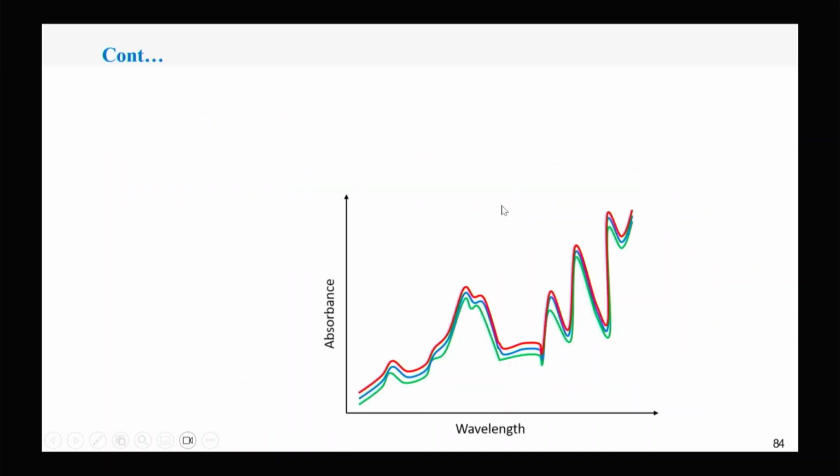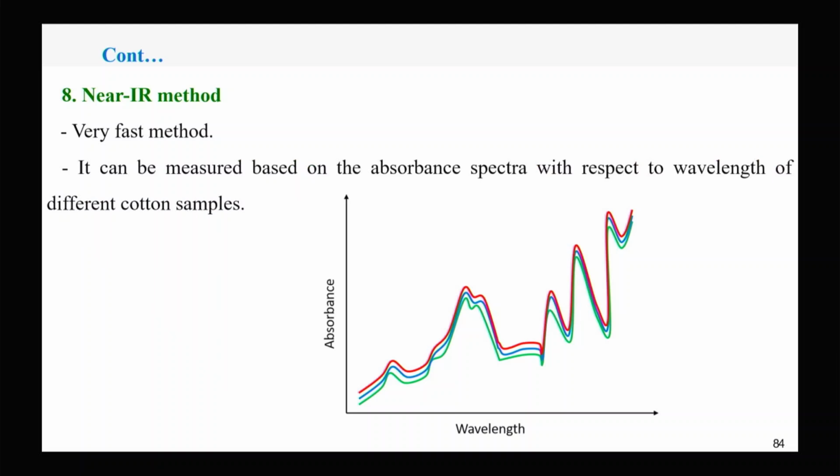The last technique is the near infrared method, which is a very fast method and can measure based on the absorbance spectrum of the cotton fiber sample with respect to wavelength.